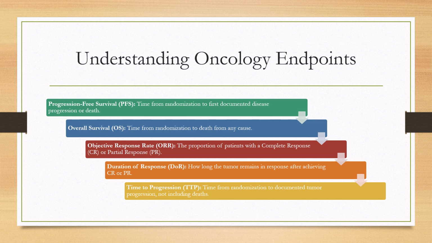Imagine a clinical trial testing a new treatment for a type of cancer. The researchers track how long patients survive after they begin the treatment. If a patient survives for 2 years after starting the treatment, their overall survival is 2 years, regardless of whether their cancer gets worse during that time or not.